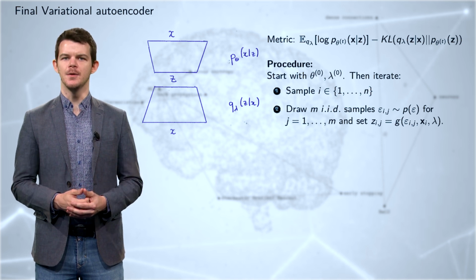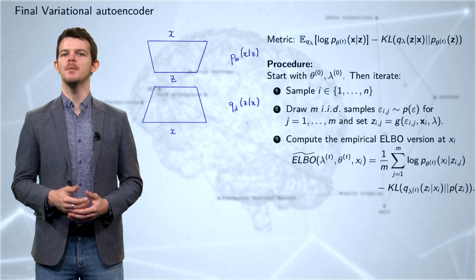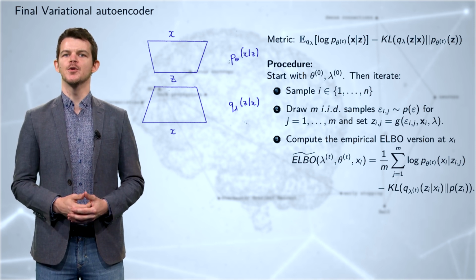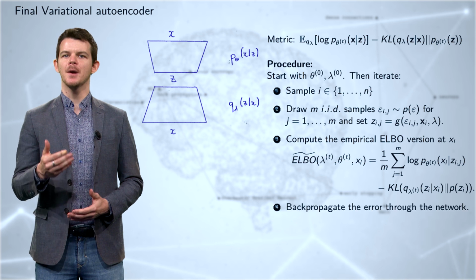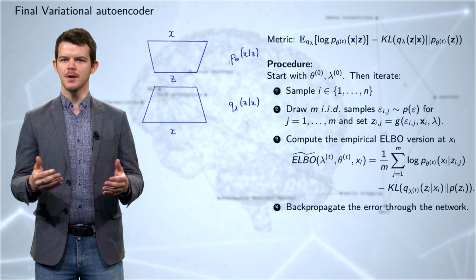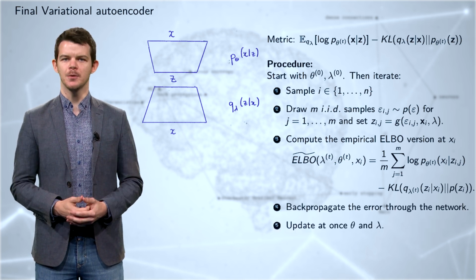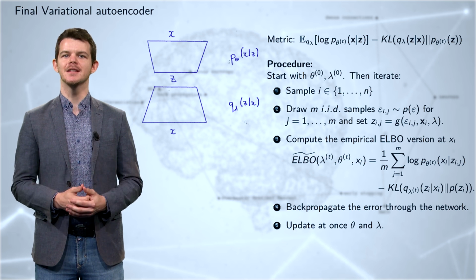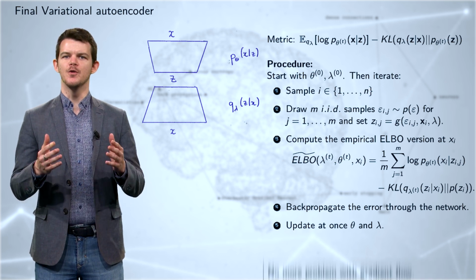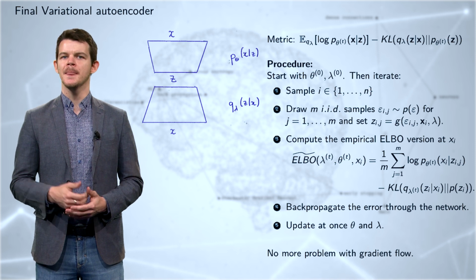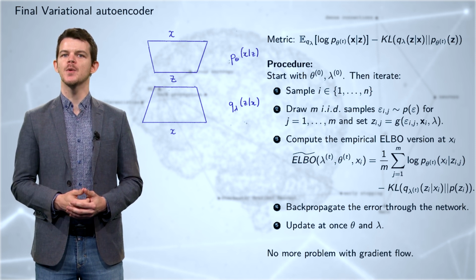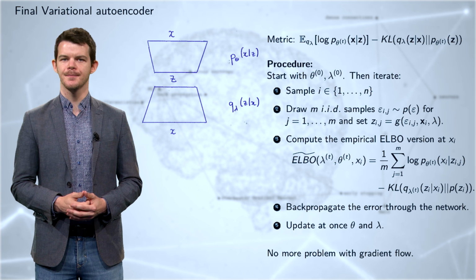Then, using these values, we compute an empirical version of the ELBO function. Thanks to the reparameterization trick, we can backpropagate the gradient of the metric through the network and update all parameters at once, following the stochastic gradient descent update. We have no more problems with gradient flow, and this gives you the basic procedure to train a variational autoencoder.